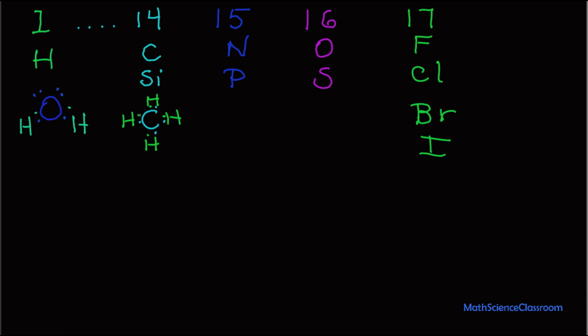So there we have a completed octet in the outer valence of the carbon, and the hydrogens' outer valence have 2 electrons.